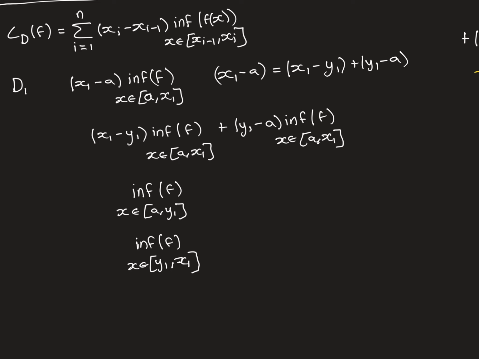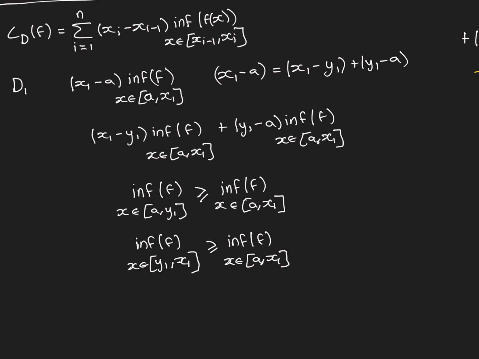We can write an inequality here. They are guaranteed to be greater than or equal to those infima. So this one is greater than or equal to the infimum of f over that larger interval. And this one is also guaranteed to be greater than or equal to the infimum of f over that larger interval.